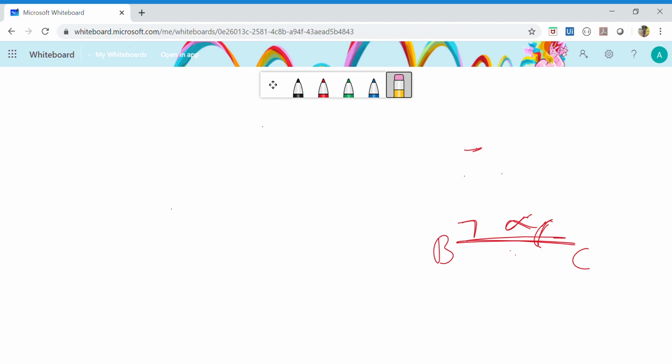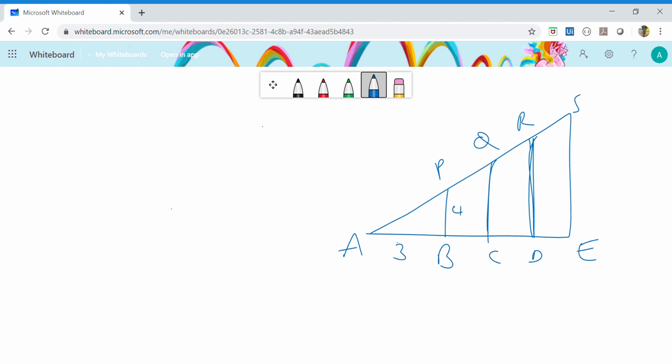After knowing the relation of the sides and angles in a right angle triangle, we can do one activity. These are right angled similar triangles I am taking, with points P, Q, R, S. Suppose AB is equal to 3 centimeters and BP is equal to 4 centimeters.